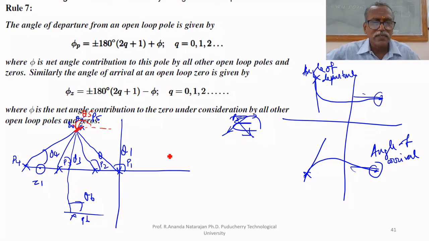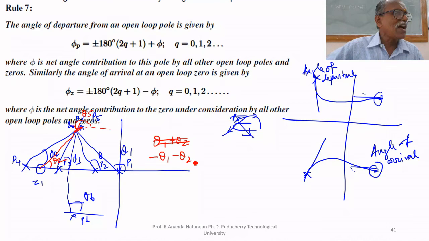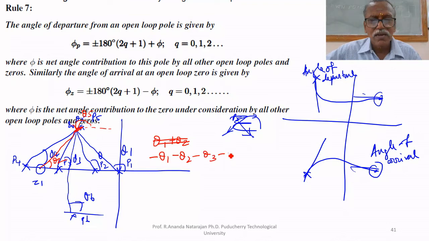For Z1 also we have an angle, let us call it theta Z. So minus theta 1, minus theta 2, minus theta 3, minus theta 4, minus theta 5, minus theta 6 (I put minus because theta 1, theta 2, theta 3 are for poles), and plus theta Z, equal to plus or minus (2q plus 1) multiplied by 180. Am I correct or not?